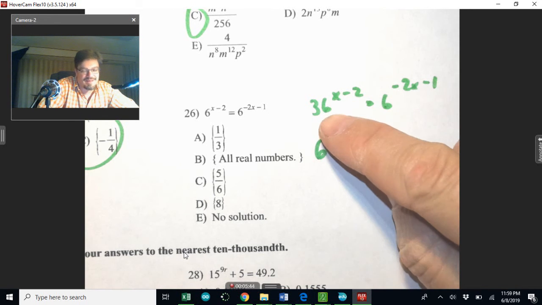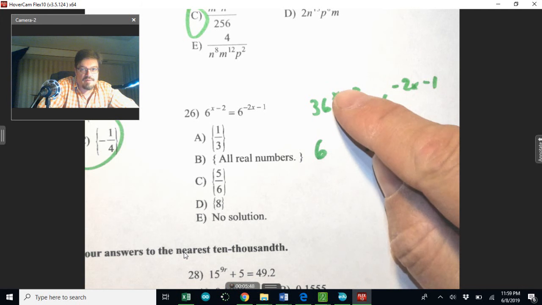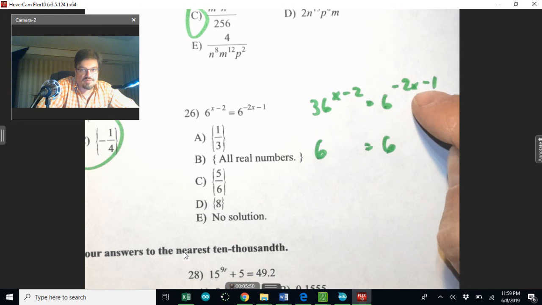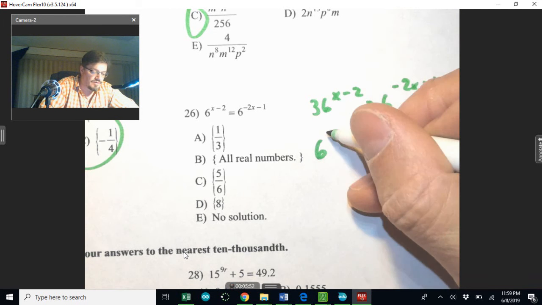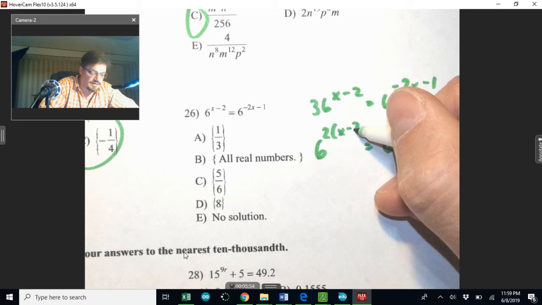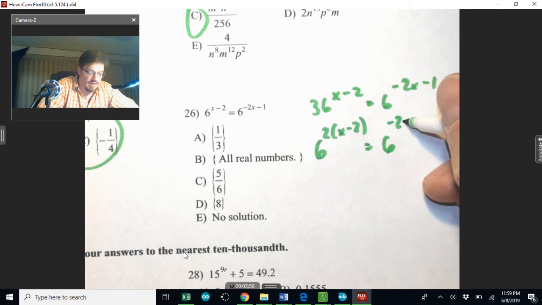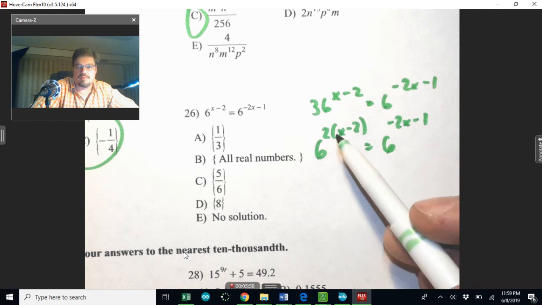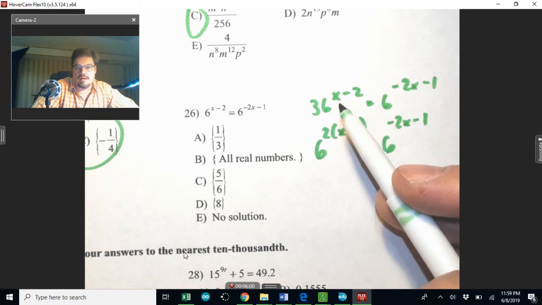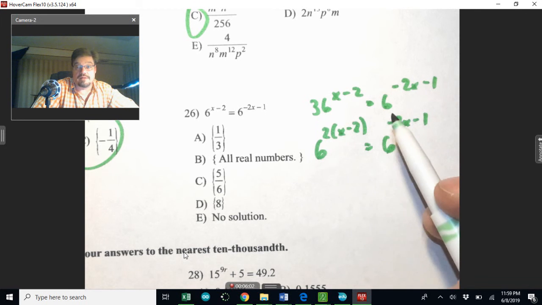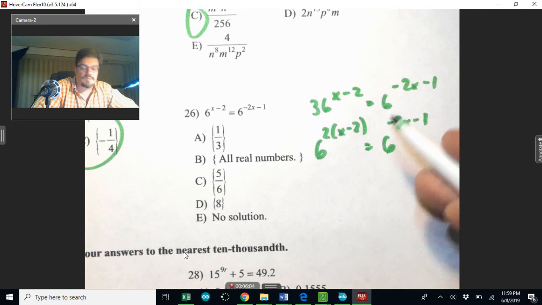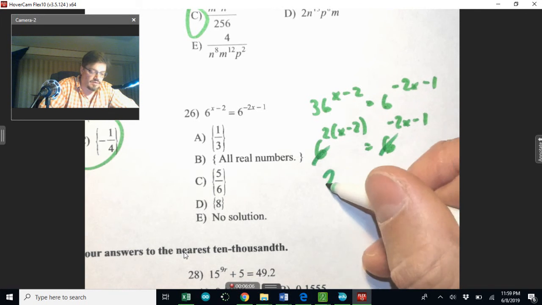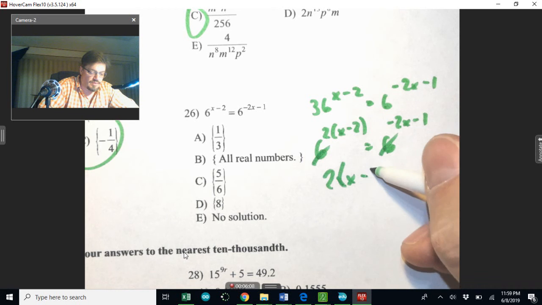But because we have a base of 36 up here, we want to double whatever exponent you have here in order to match. So that would be 2 times x minus 2, and then that would be itself. We want to double this exponent in order for these to equal each other. So now these can go.